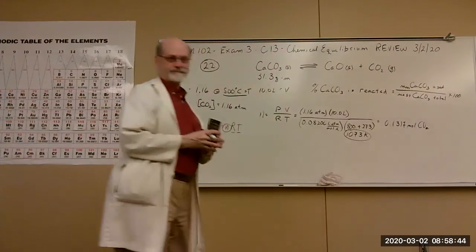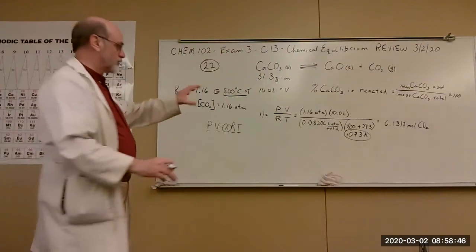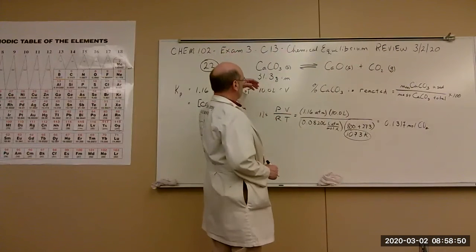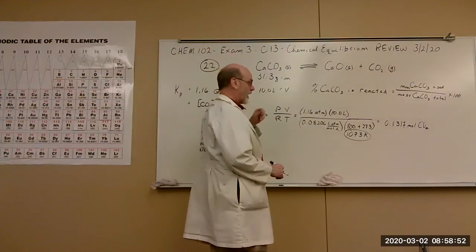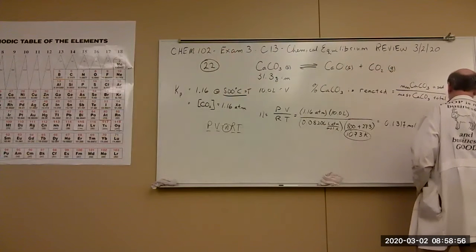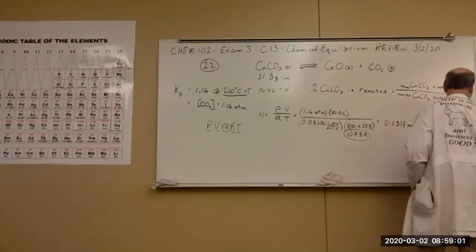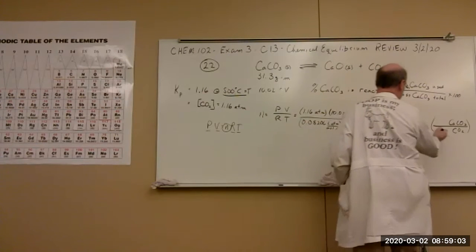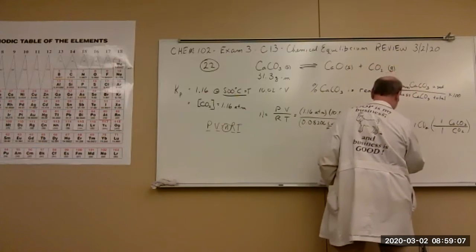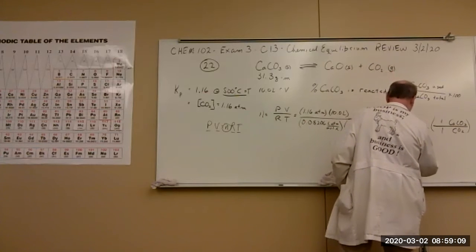Okay. Now we know how many moles of carbon dioxide. We can convert that to how many moles of calcium carbonate are required. We just need our conversion factor from the balanced equation. Right, the ratio is one of these to one of those.